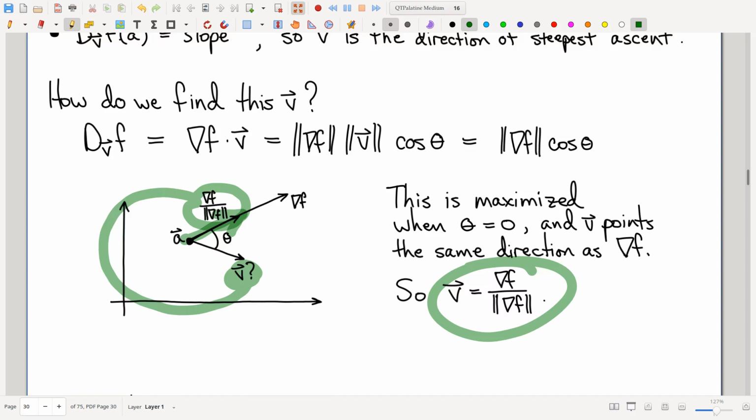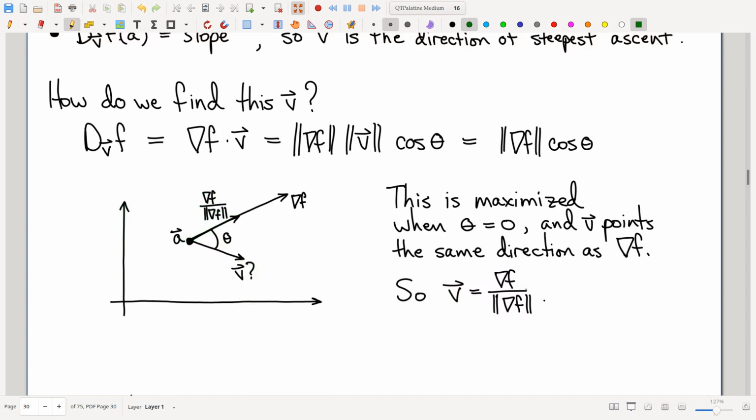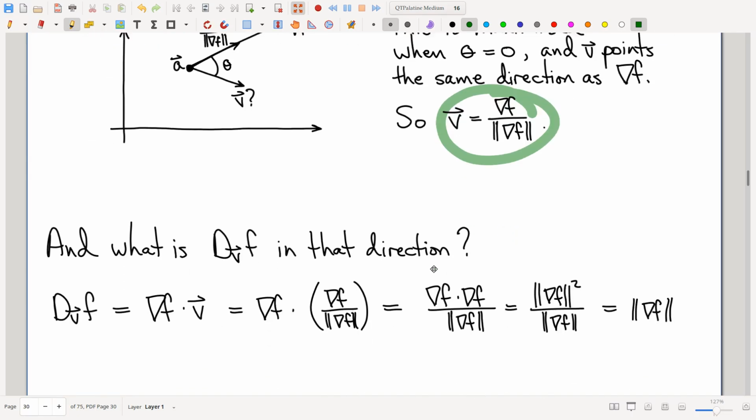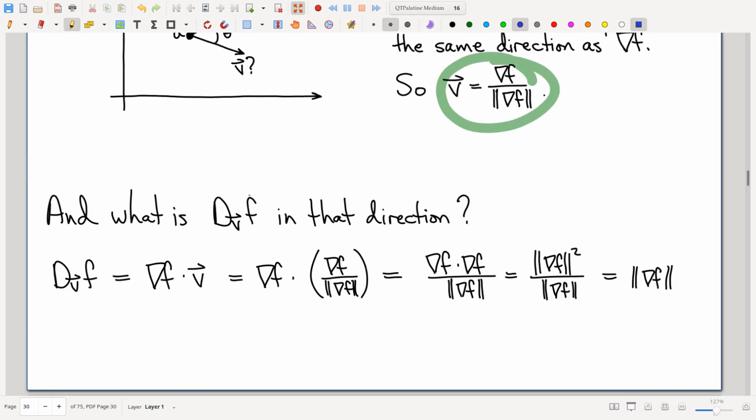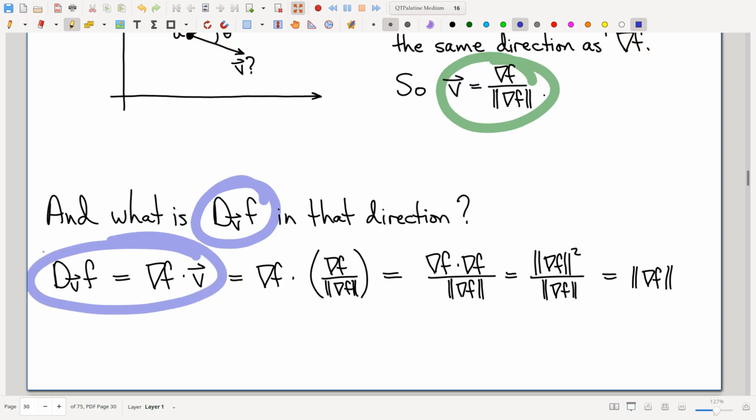Everybody okay with that? I think that's worth taking a moment to think about. All right. Okay, natural next question. This is the direction that makes the directional derivative as fast as possible. Okay, fine. How fast is the function increasing? We've decided we're going to go in this direction. How fast will temperature, for example, be increasing? Okay, immediate computation. There's our formula to compute directional derivatives, and here's the vector that we've decided to use. Plug that in.